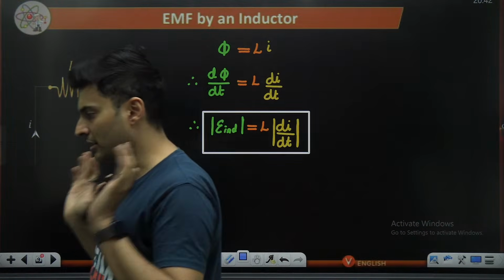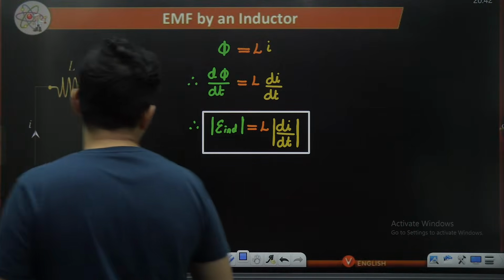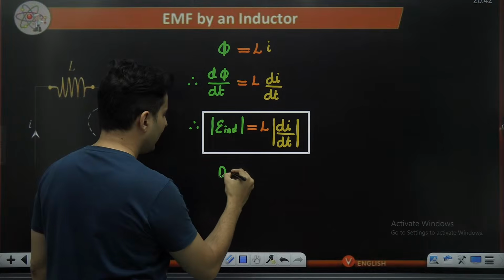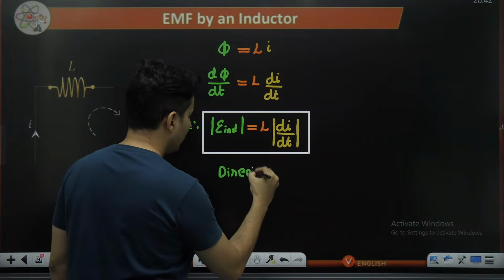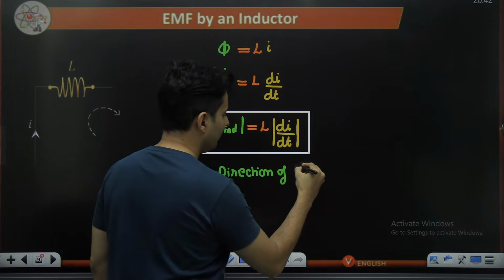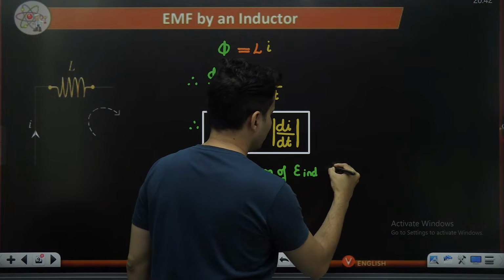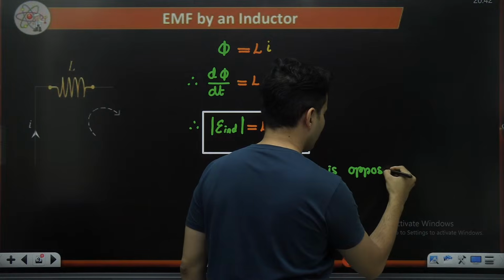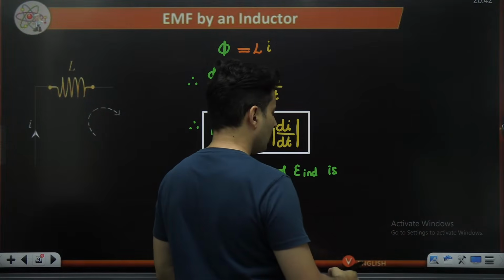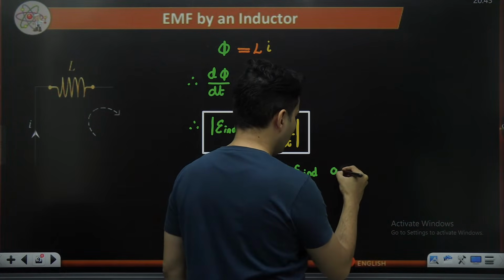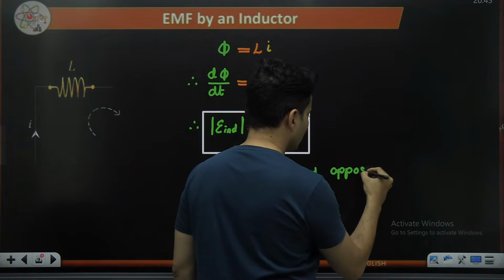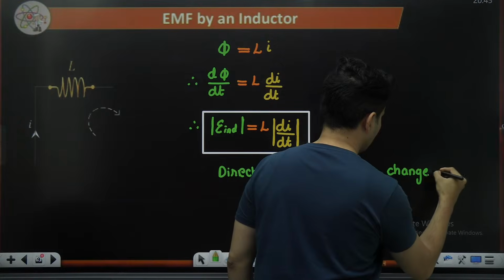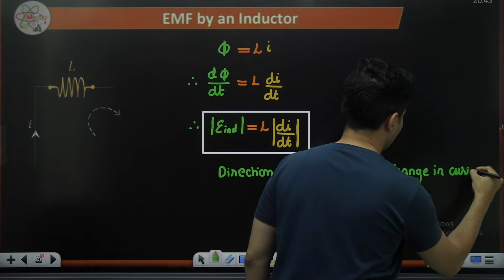Very simple and straightforward. Now, this particular EMF, please remember the direction. The direction of the induced EMF always opposes the change in the current.